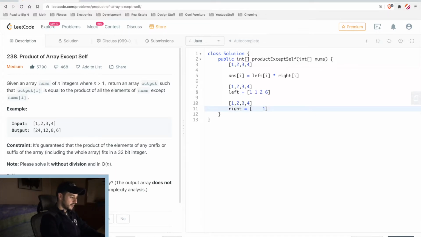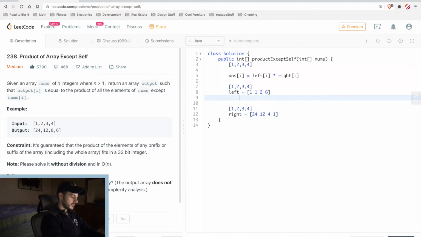And so we take 4 times 1, which is 4. Then we're at this spot and we say 3 times 4, which is 12. And then now we're here at this spot and we say 2 times 12, which is 24.